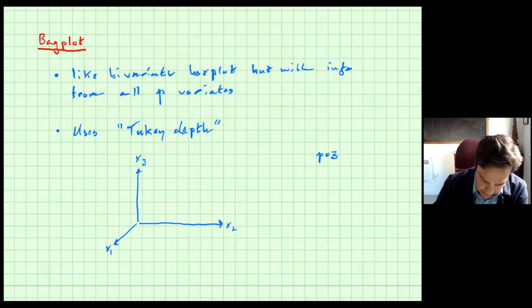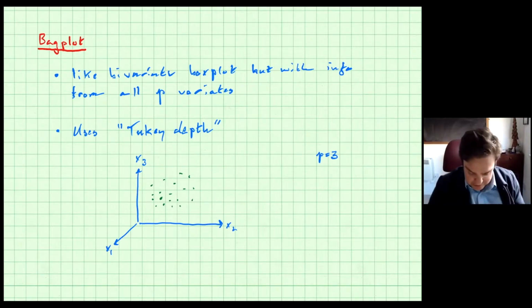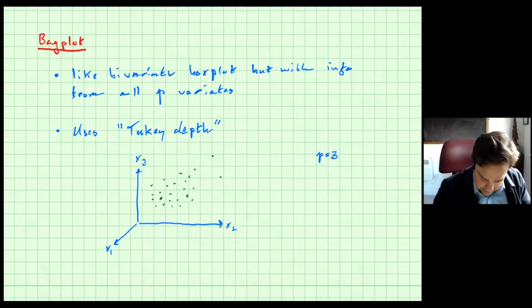Pretend we have this data set that makes a cloud, like a blob in space here. I'm not giving such a good representation of the 3 dimensions, of course. You can't see very well along the x1 axis when looking at the page like this. But nevertheless, you can imagine there is some depth to this in the x1 dimension.